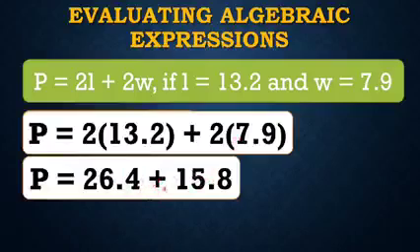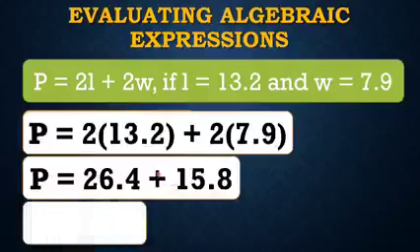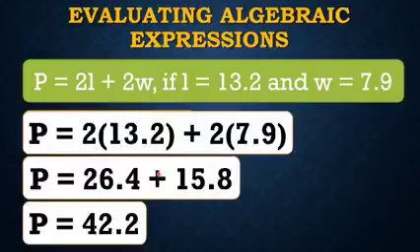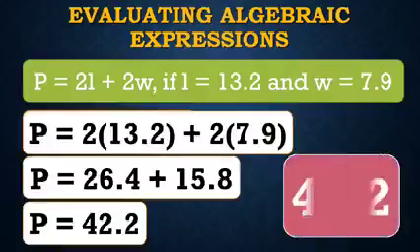Then, final operation is addition. 26.4 plus 15.8, the answer is 42.2. Hence, perimeter 2L plus 2W, if L is equal to 13.2 and W is equal to 7.9, is equal to 42.2. So that's how we evaluate algebraic expressions.